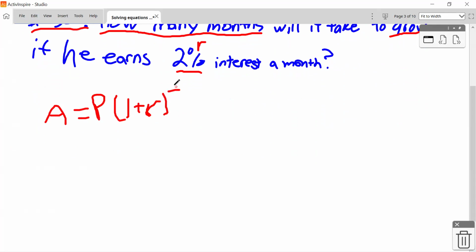They were writing the formula that they're using, then filling in what A, P, and R are, or writing out what A, P, and R are.